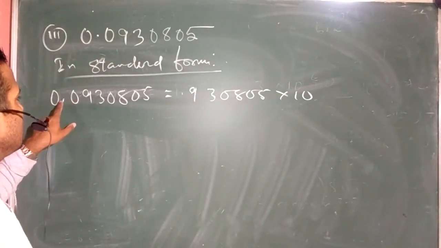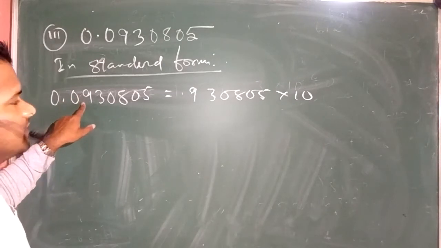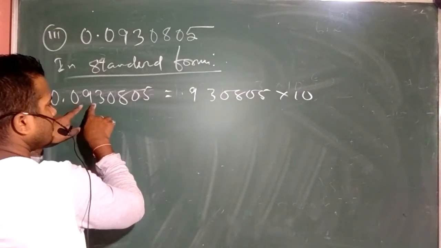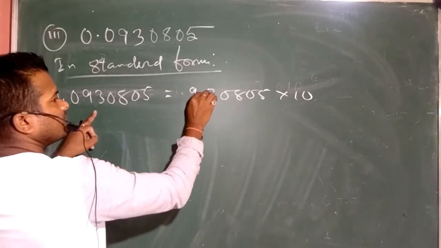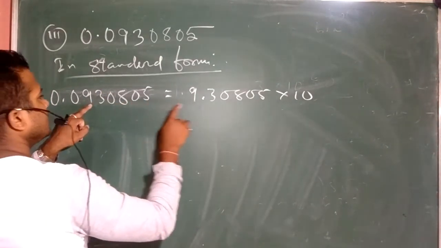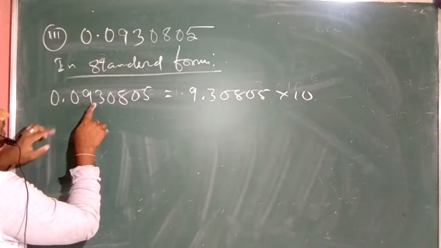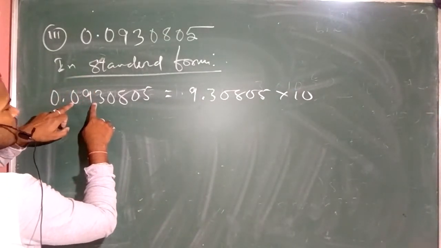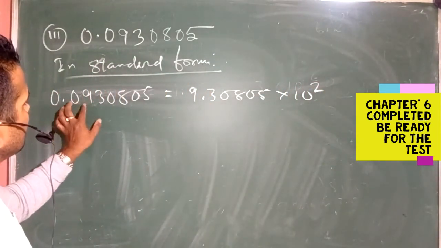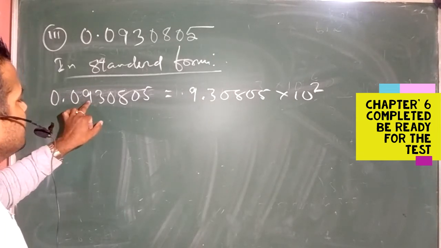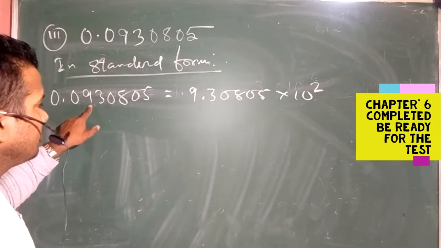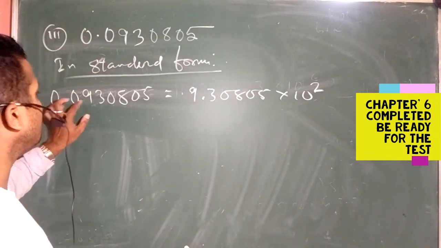Suppose the first digit is 0, we count from there. This is 0.09, so only 2 places.